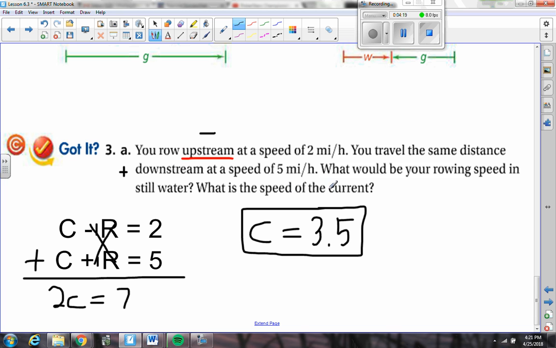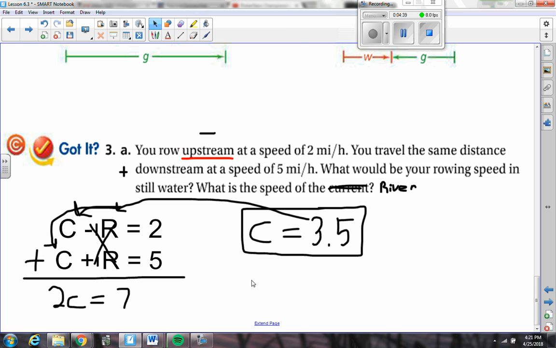So my canoe speed is 3.5, and if I also want to find the speed of the current, meaning the speed of the river, and the speed of the river is R, so if I plug the C value back into here, or into there maybe is easier, what I end up with is 3.5 plus the speed of my river is equal to 5.